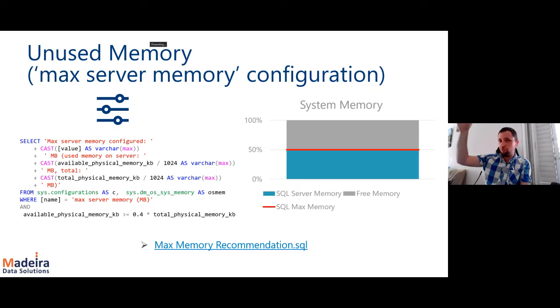Let's just throw money at the problem, add more RAM, and hopefully it will fix things. But it didn't, because they forgot to change the max server memory. So SQL Server used the same amount as before, even though the customer was already paying for the added memory. So don't forget to check that as well.